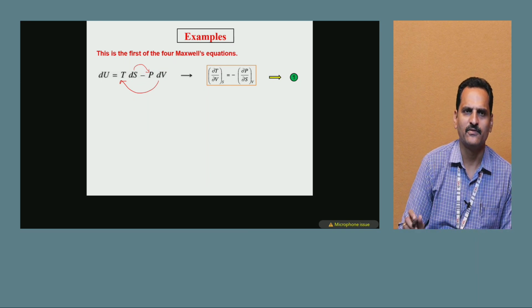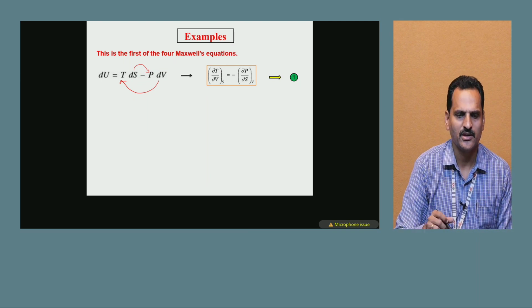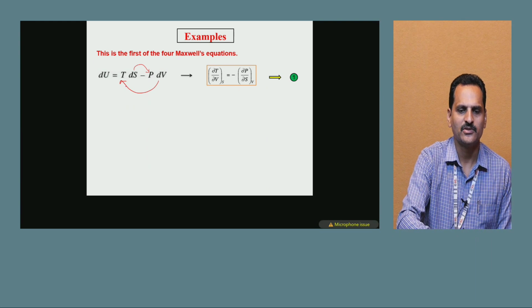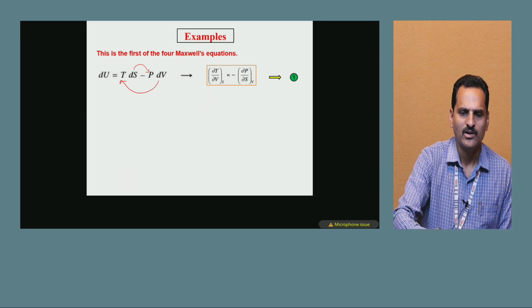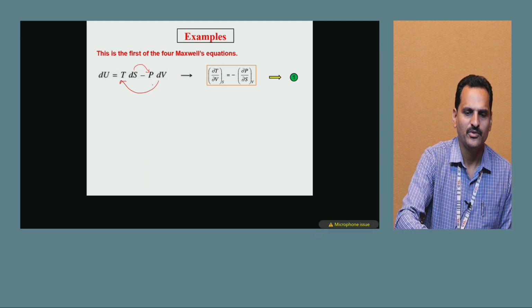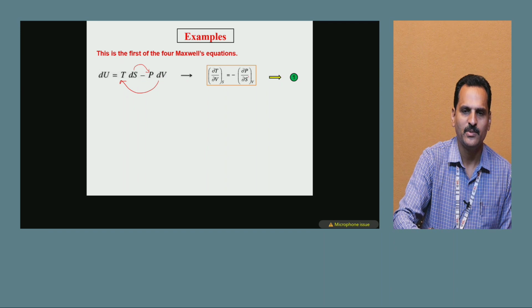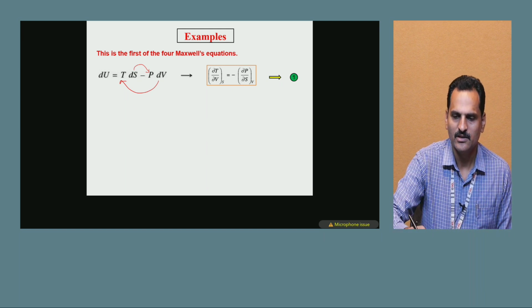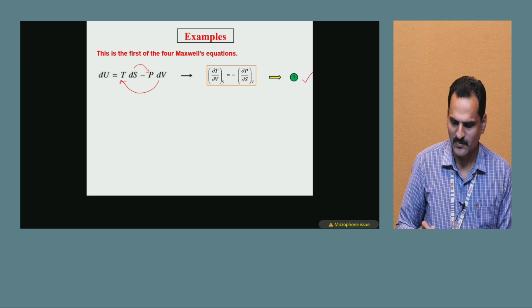This first fundamental property equation, related to internal energy, TdS minus PdV, can be converted into partial differential form: ∂T/∂V is equal to minus ∂P/∂S, applied at constant entropy and at constant volume. This is called the first Maxwell equation.